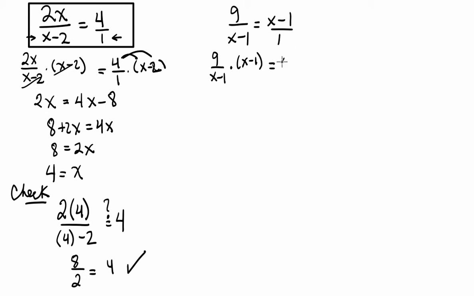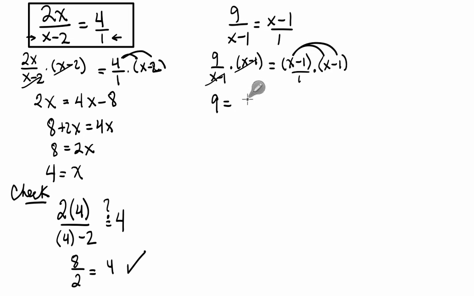Now on the right-hand side, you already have an x minus 1 over 1 in the first place, and you'll be multiplying by x minus 1 again. On the left-hand side, the denominator cancels with the extra term that you've multiplied by, leaving you with 9. And on the right-hand side, you will have to multiply x minus 1 times x minus 1.